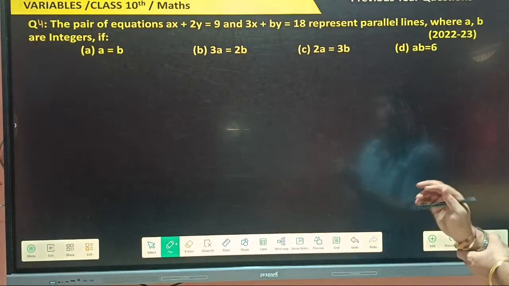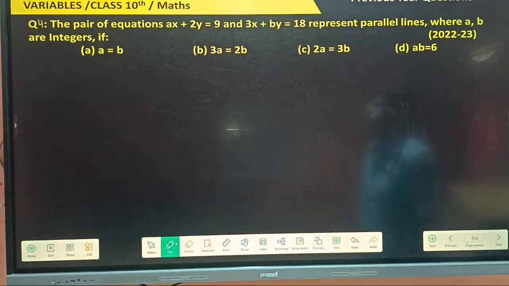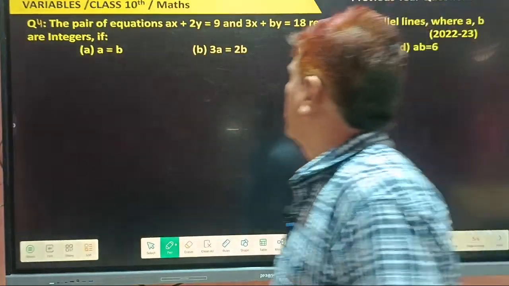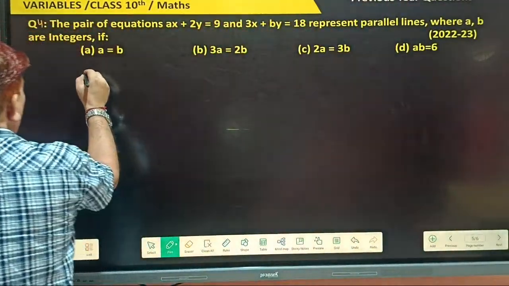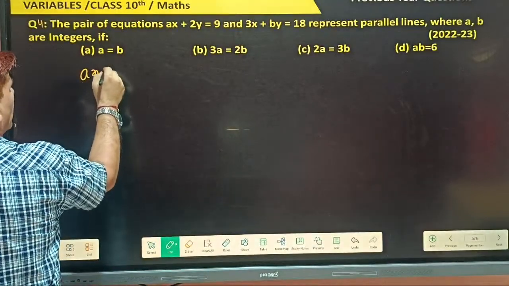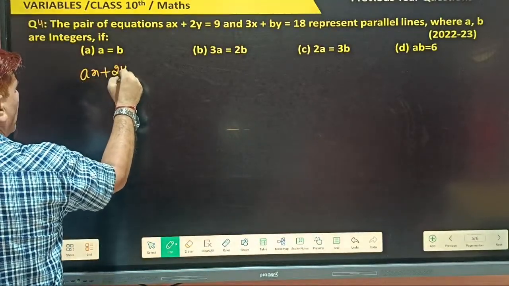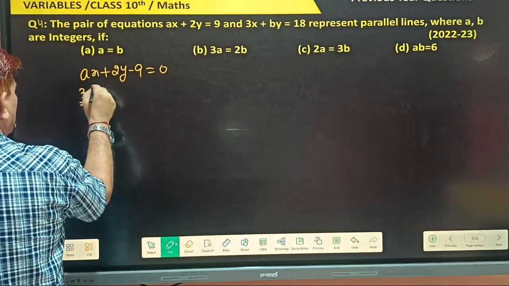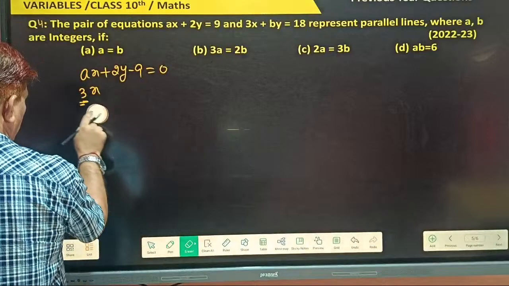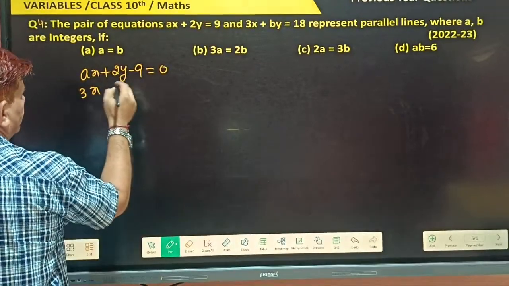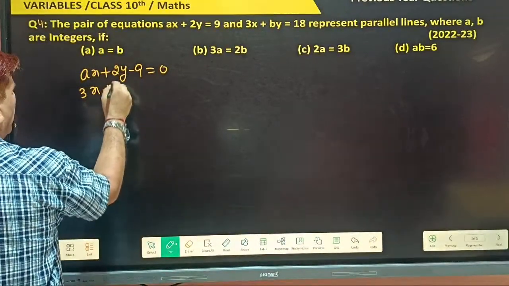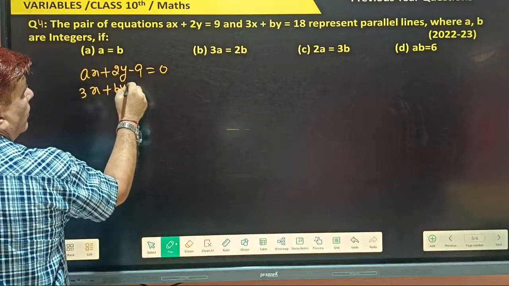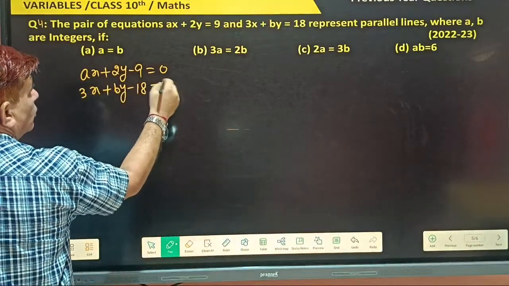Next, the pair of equations. This equation: ax plus 2y minus 9 equal to 0 and 3x plus by minus 18 equal to 0.